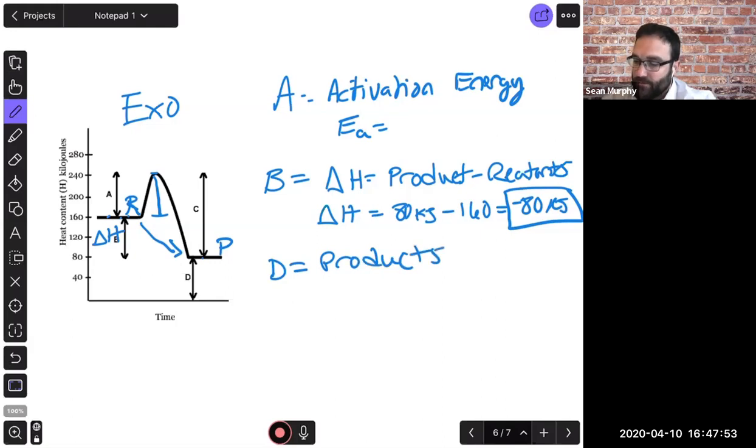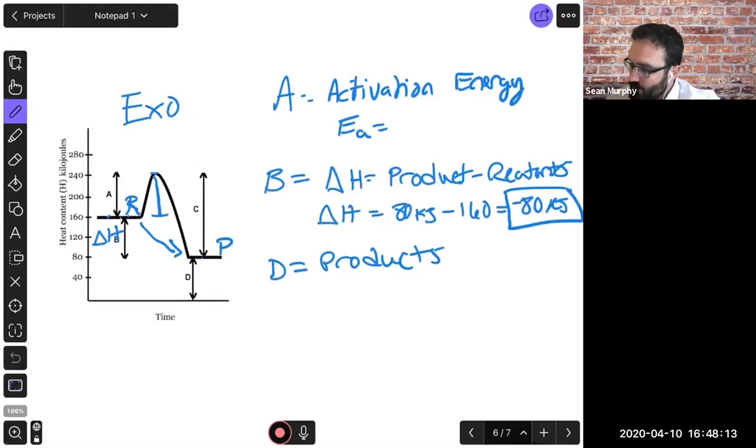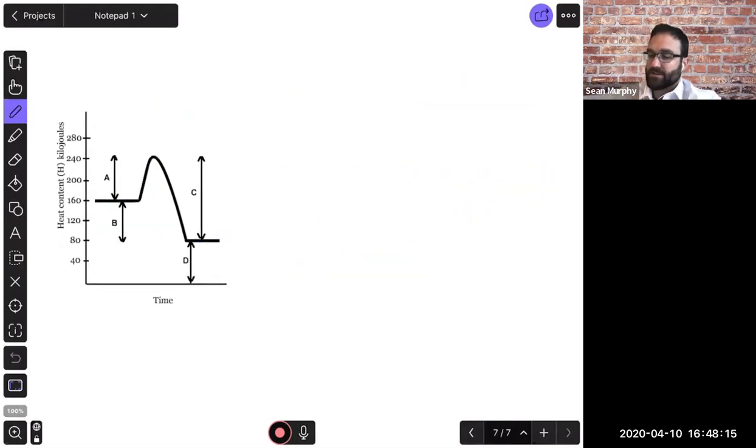And then for the rest, so we're good with A, B, and then don't worry about C, and then we're good. Let's do the next one. All right, next one looks very similar, a little too similar if you ask me.